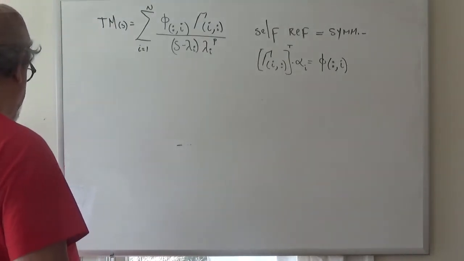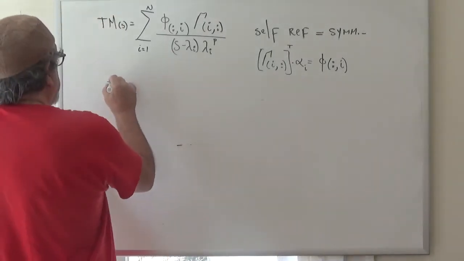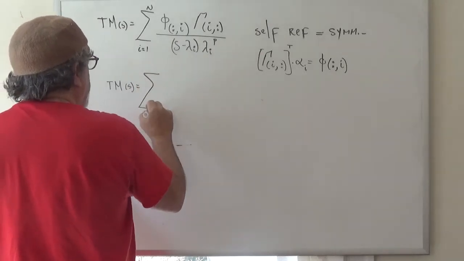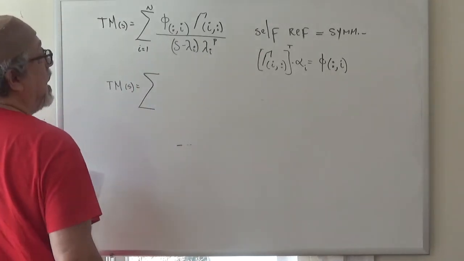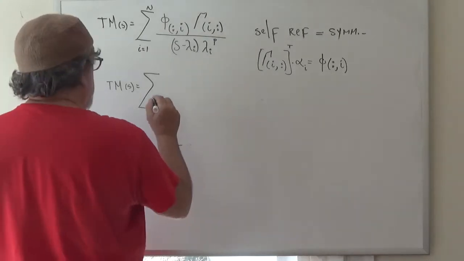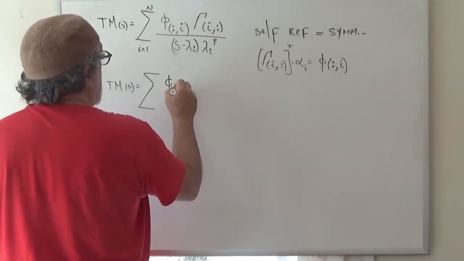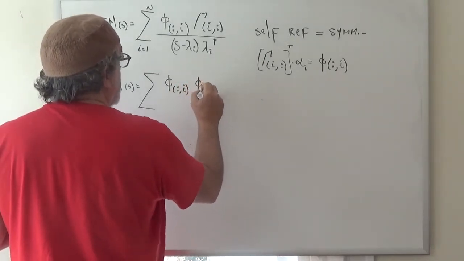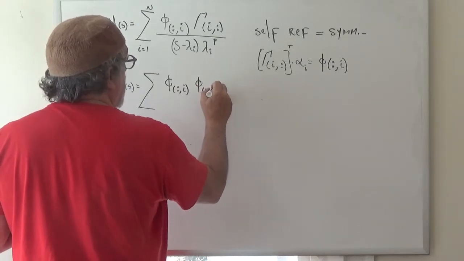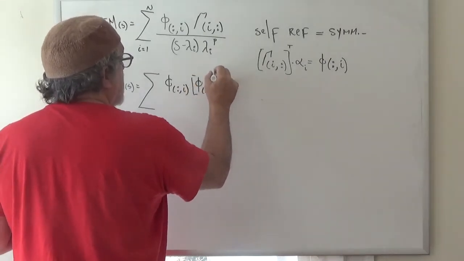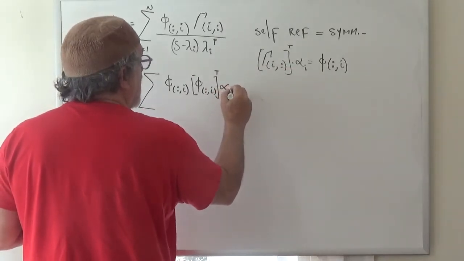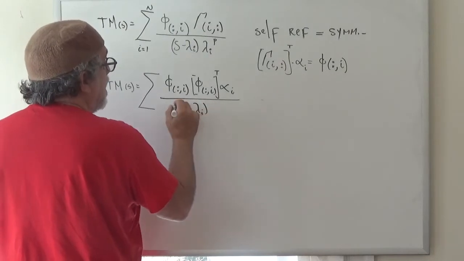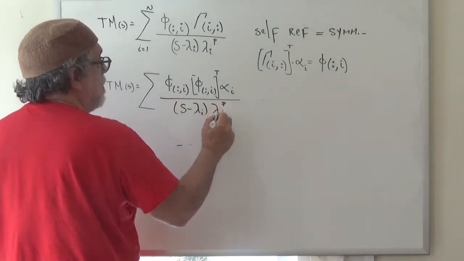Therefore, I can write that the transfer matrix as a function of S, provided that we have self-referencing conditions, is equal to phi, the ith column, multiplied times the phi, the ith column again, transpose, that's the tau, multiplied times alpha I, divided by S minus lambda I times lambda I to the p.